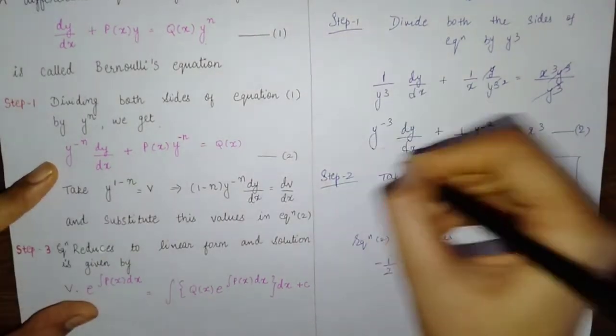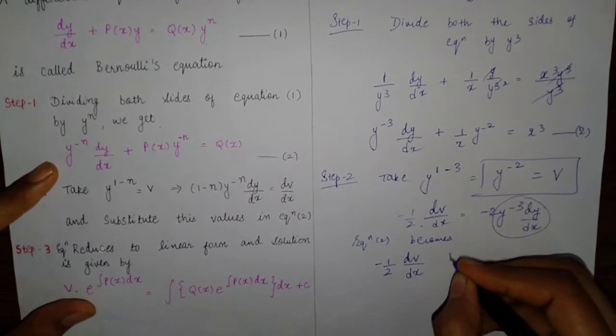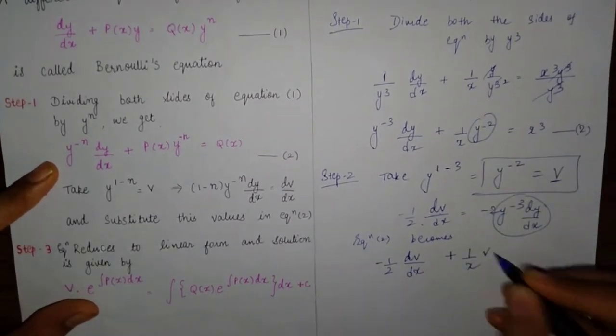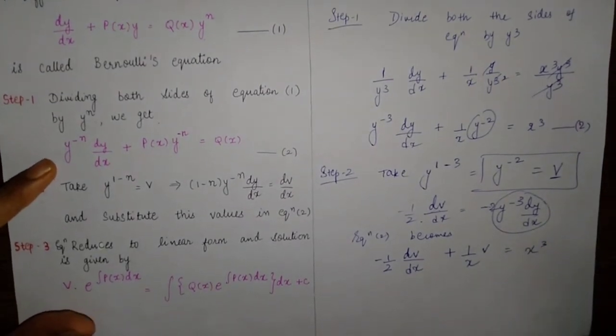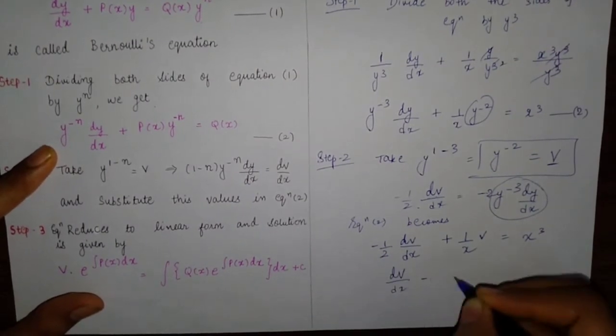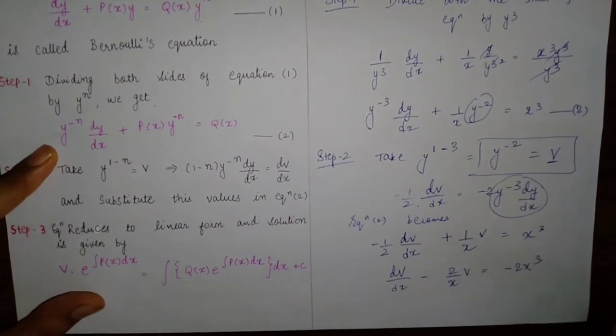Okay, so in place of this term I am writing minus 1 by 2 dv by dx plus 1 by x, this is nothing but v, so 1 by xv equal to x cube. So I can write: dv by dx minus 2 by xv equal to minus 2x cube.